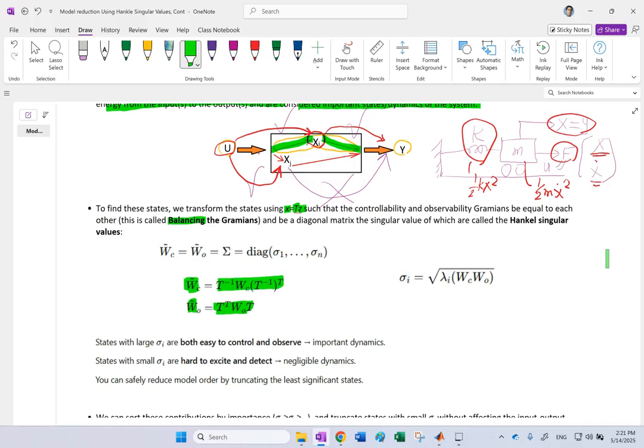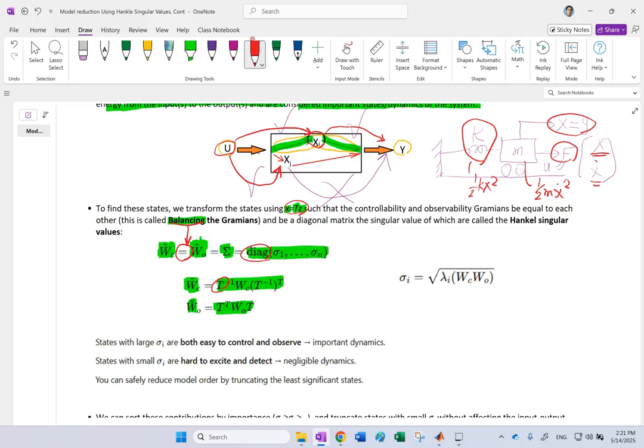Now, we say if these two transformed Gramians can be set equal, and since we transform them, if they can both be equal to the same diagonal matrix like sigma, guess what? This is when the system has balance. These two are equal. And because we transform them, we can transform them to a diagonal format, right?